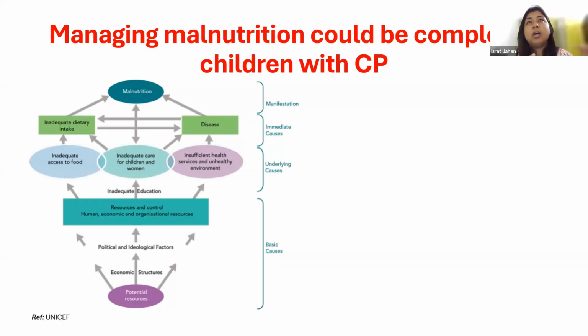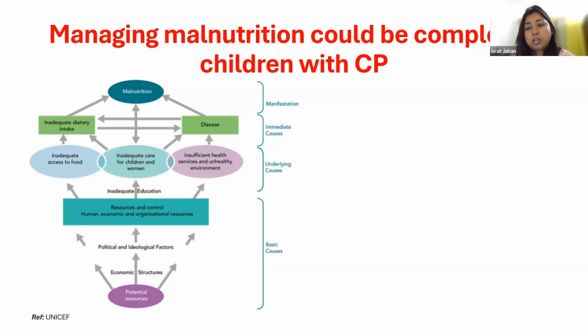I like this framework very much because it represents all aspects of malnutrition, not only focusing on the immediate causes, but it also talks about the underlying causes and basic causes. So when you are treating malnutrition, there is a need, especially in LMICs, to emphasize all these aspects rather than just the immediate causes.